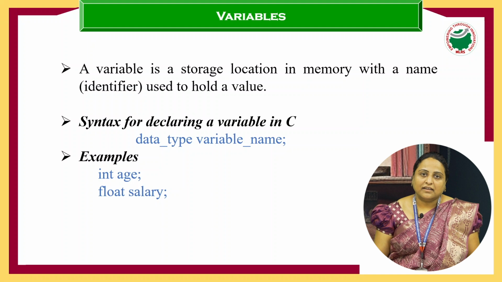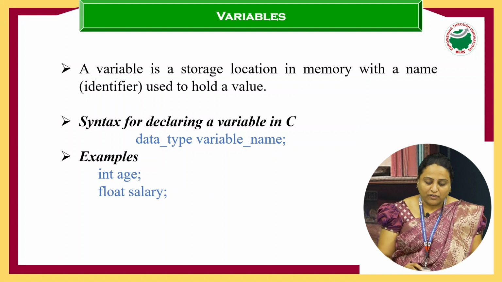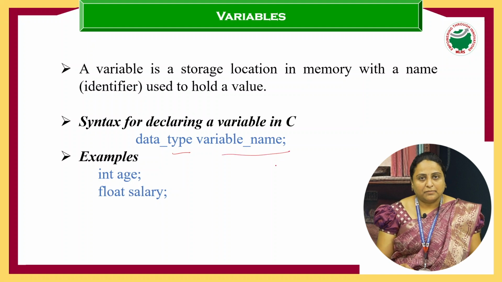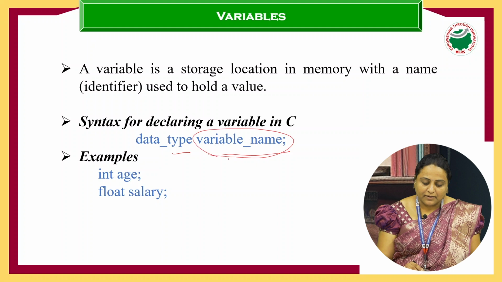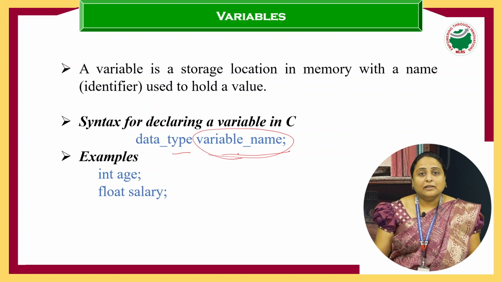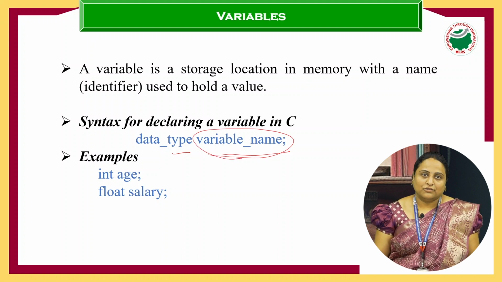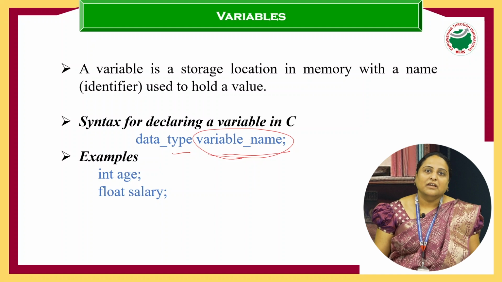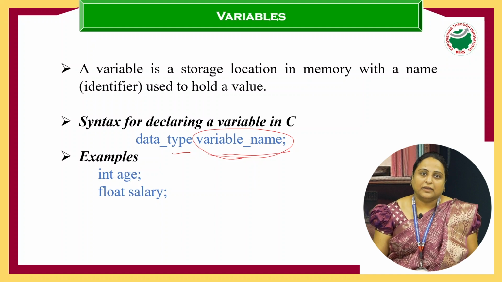So we'll see the syntax, how to declare a variable in a C program. The following is the syntax: data type of the variable, name of the variable. Whenever you are declaring a variable, we should say what type of values it is going to store, or what type of values we can access under that variable name.